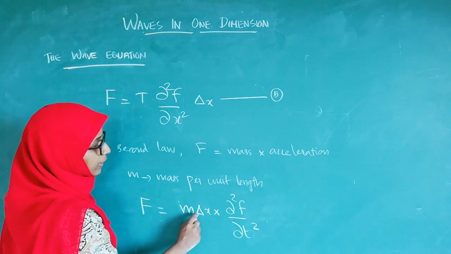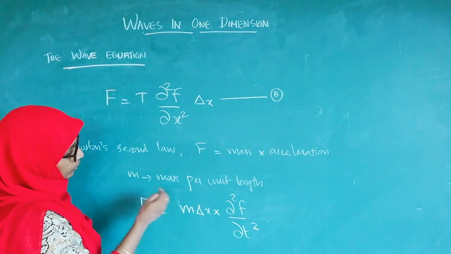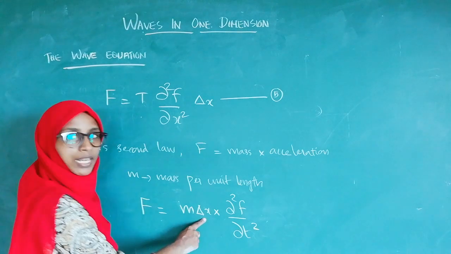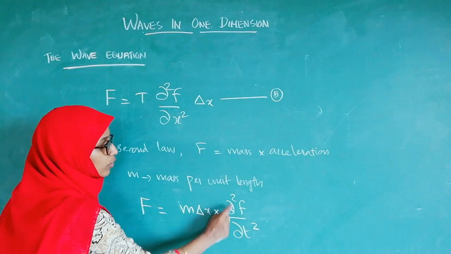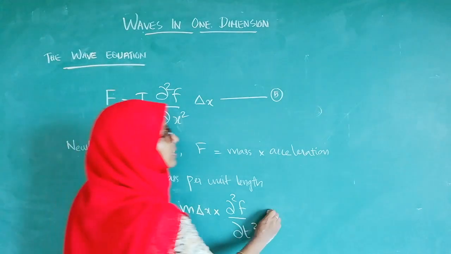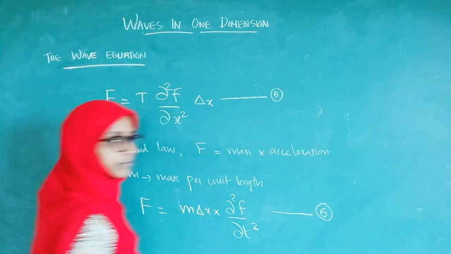Here mass per unit length is m and total mass is m into delta x for the segment delta x. So F is m delta x into ∂²f/∂t², which is given as equation number 6.